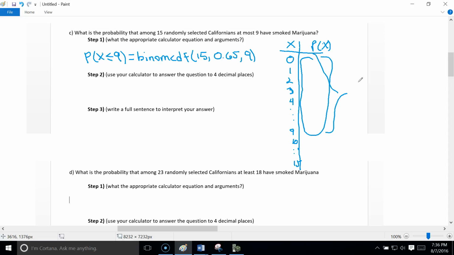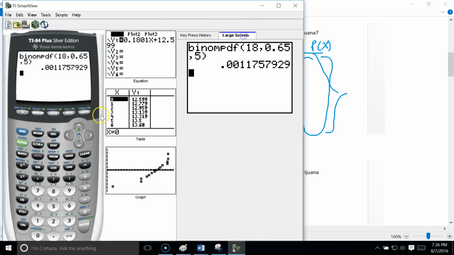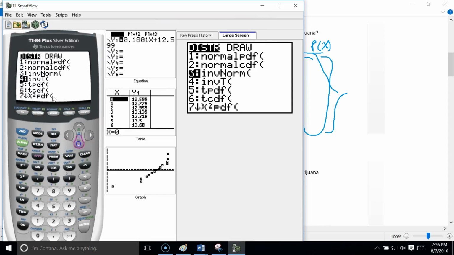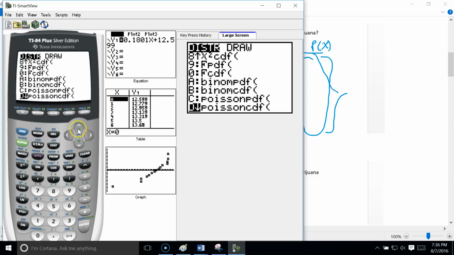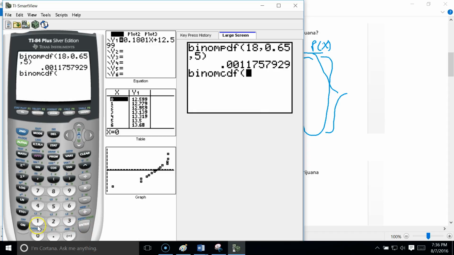And now we can go to our calculator and punch that in, see what we get. So distributions, scroll down to binomial CDF. And it's going to be 15, 0.65, 9, close parentheses, enter, and we get 0.4357 approximately.